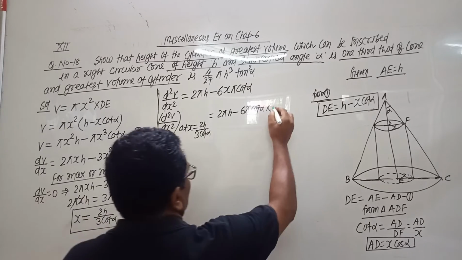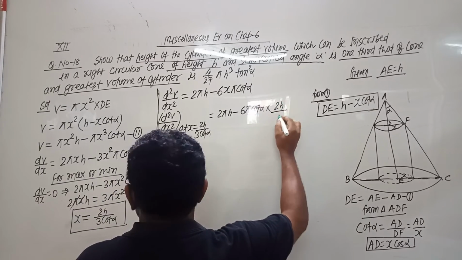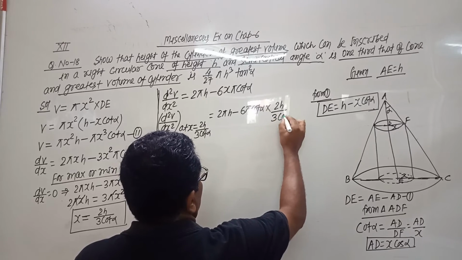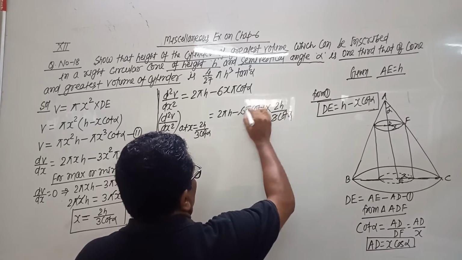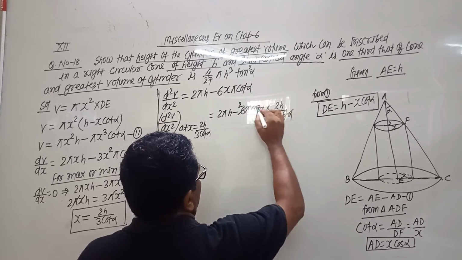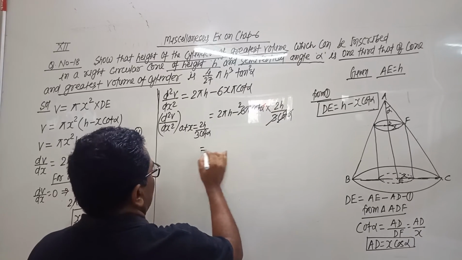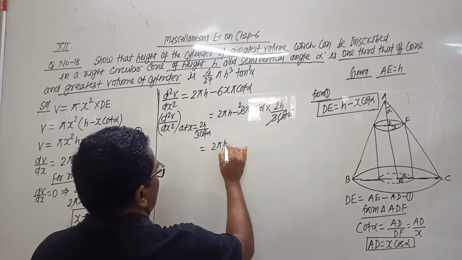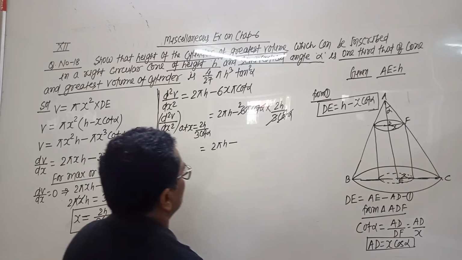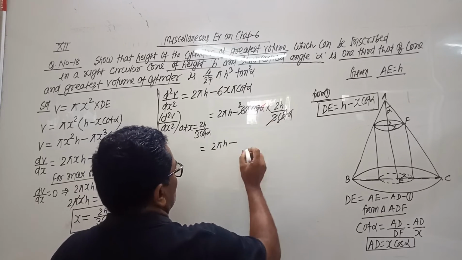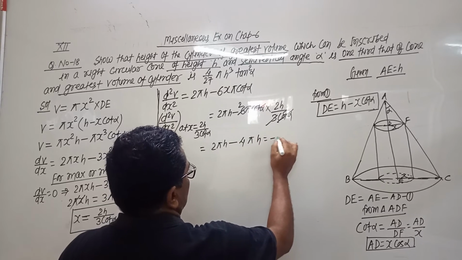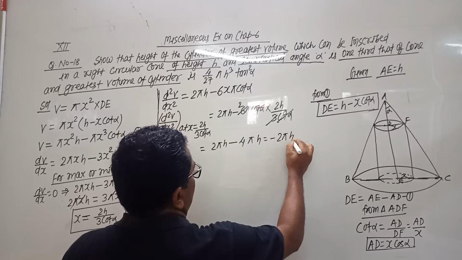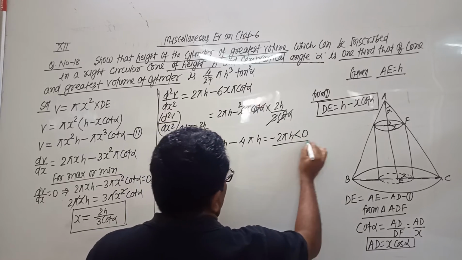The 6 cot alpha cancels, and we get 2 pi h minus 4 pi h, which is minus 2 pi h, less than 0.